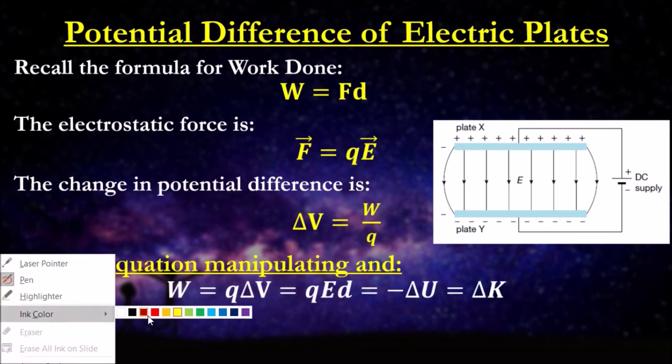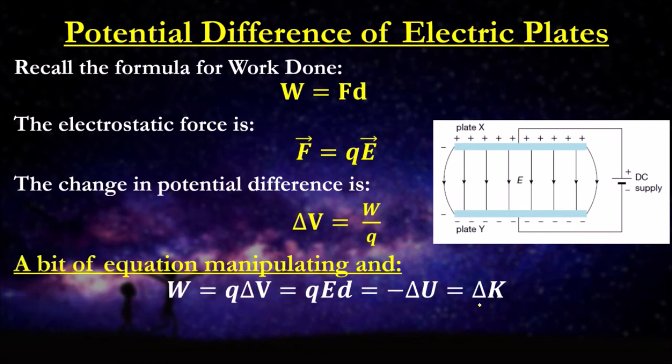Now, kinetic energy is an interesting one. If we have a charged particle, we know the change in kinetic energy is half mv final squared minus half mv initial squared, so we can find the velocity of the moving charge. Under certain circumstances, your charge might not be moving originally.